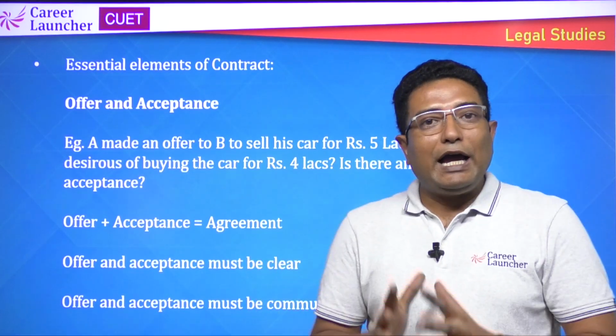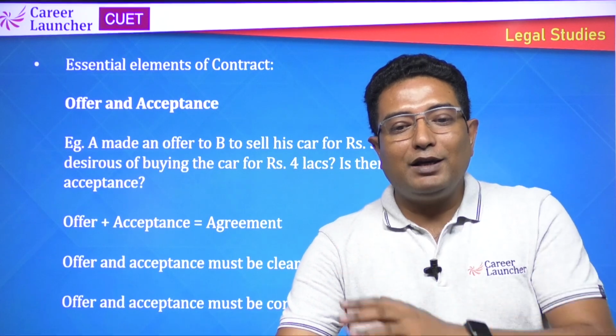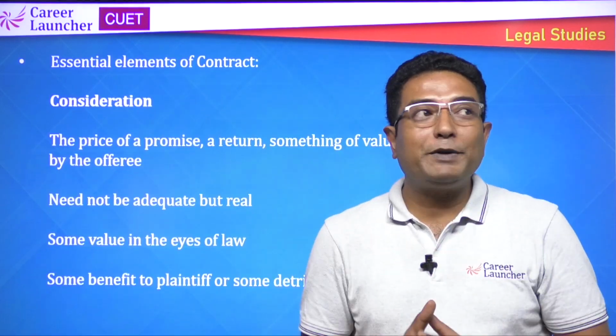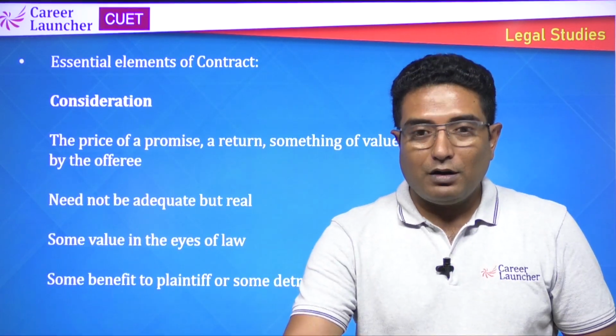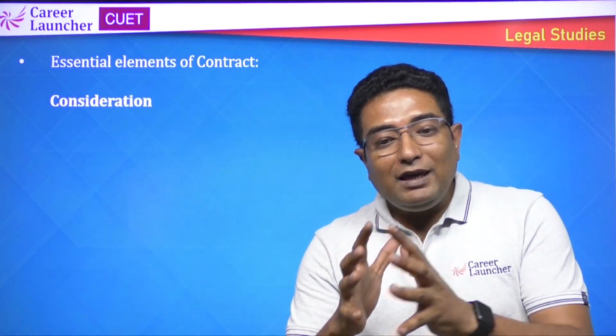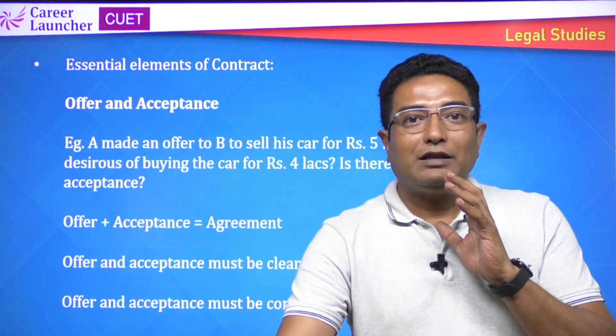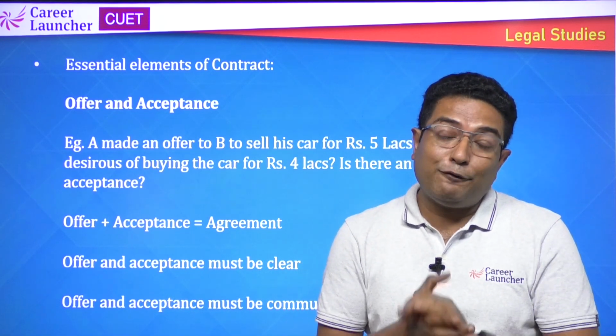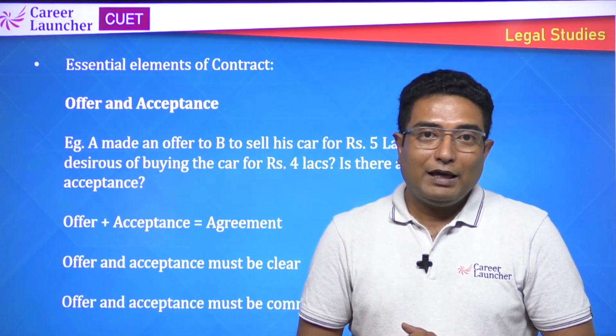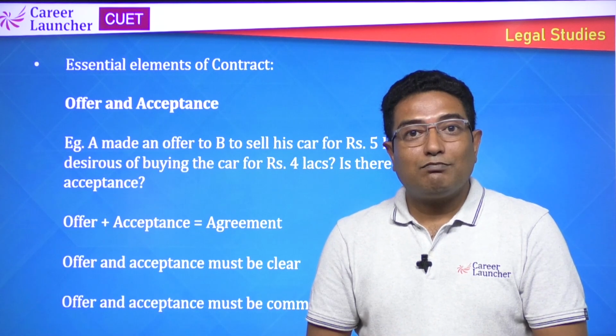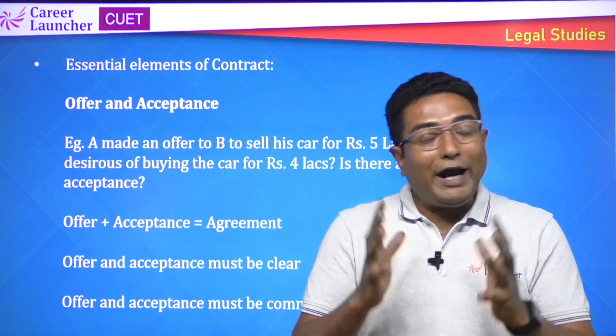A makes an offer to B to sell his car for rupees 5 lakhs. B is keen to buy that car for rupees 4 lakhs. Is there an acceptance? No. Why not?